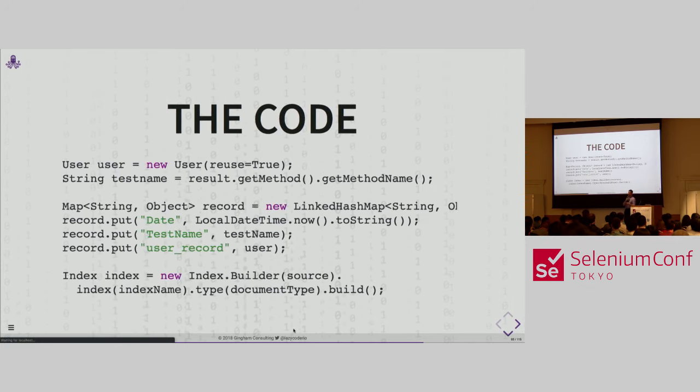So here is the fun code that dumps data into Elasticsearch. The only ones that matter are the ones in the middle there, the map string object record, and it creates a new linked hash map. And then you dump in strings and whatever object you want, and it works.